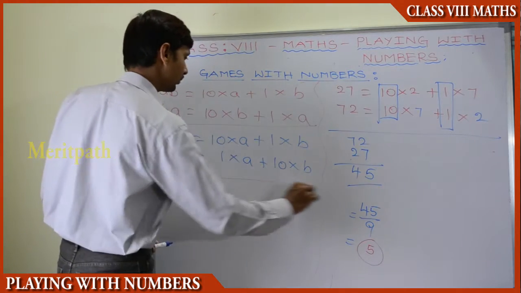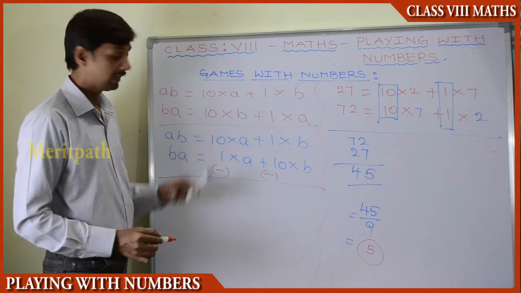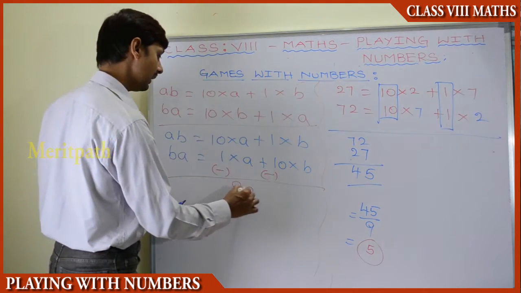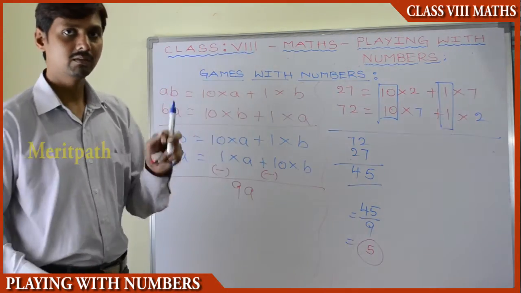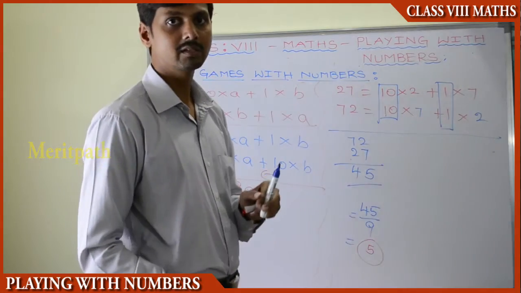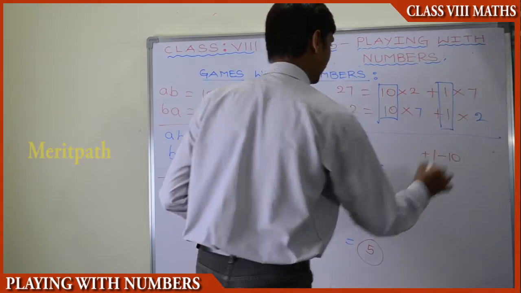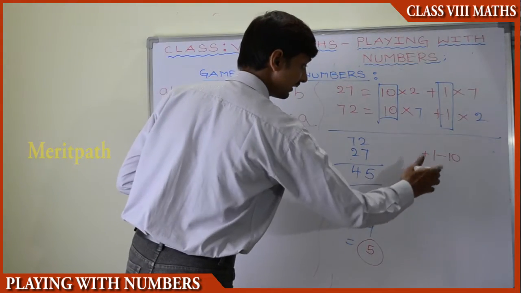So let's subtract these two numbers. When we subtract, it becomes 10 minus 1, which is 9, so 9A. And for B, 1 minus 10: using integers, which we learned in the first chapter, when we subtract with plus and minus, it becomes minus.